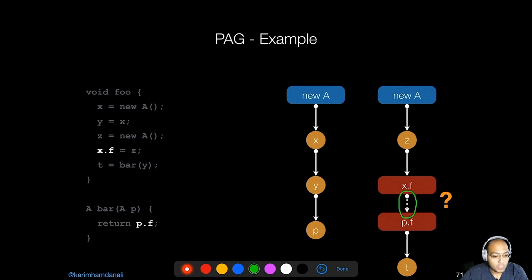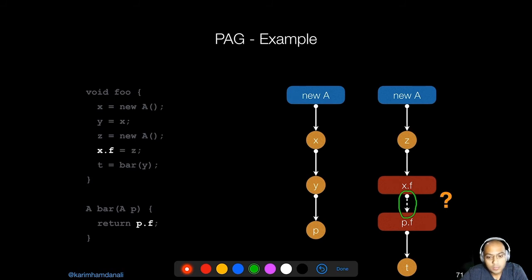So we have one yes. Any other yeses or no's? Okay, so the yes is because when we assign x to y, x.f flows to y.f. True.